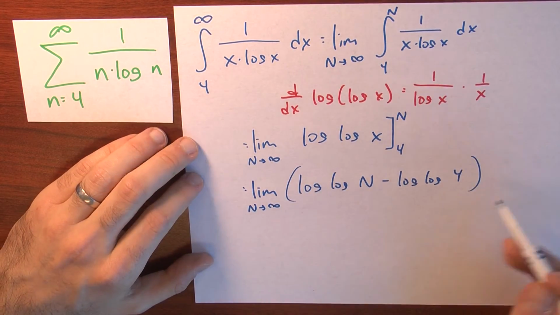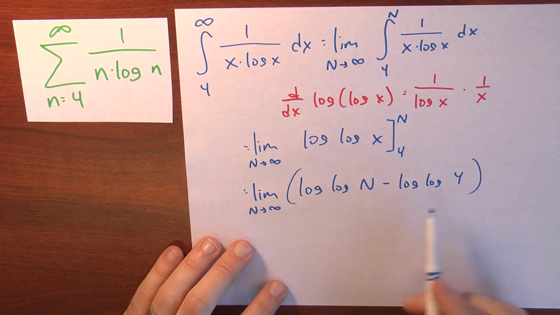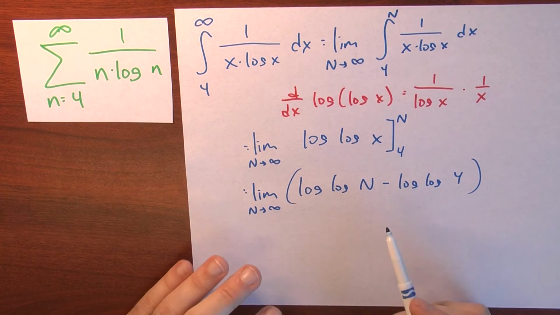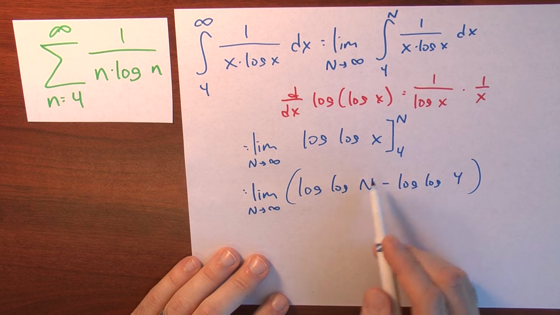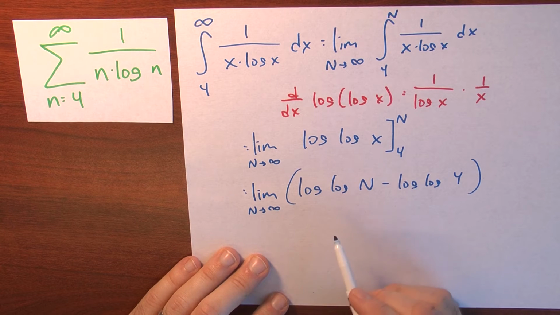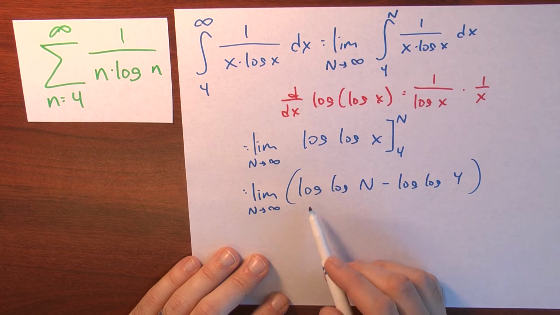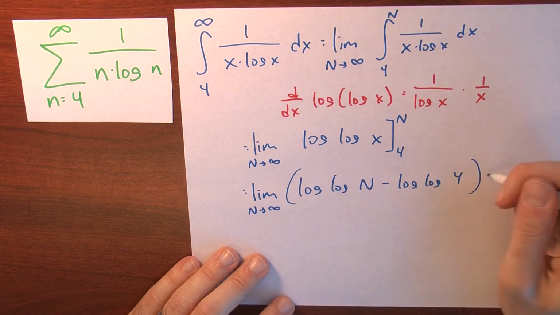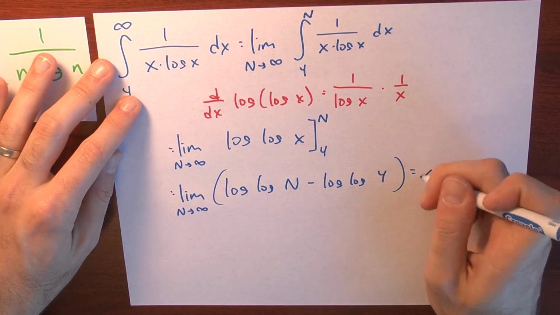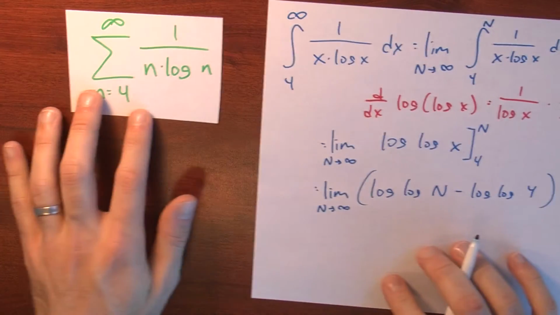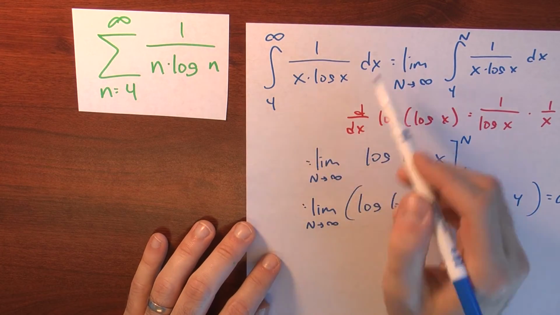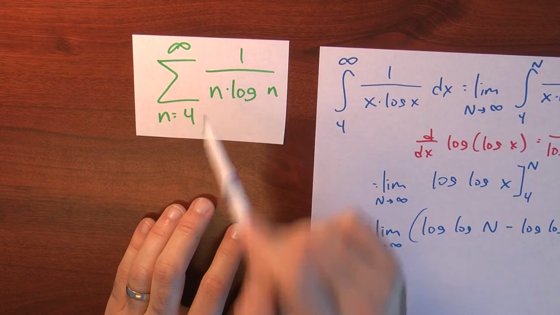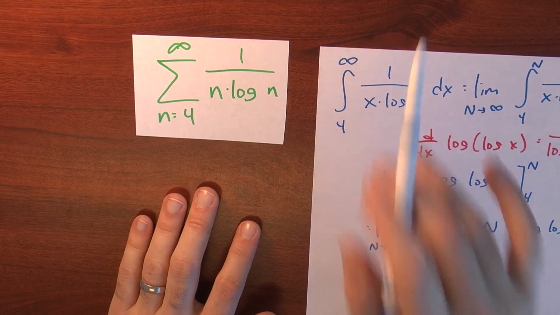Now, what is this limit? Well, it's growing very slowly, but it is in fact running off to infinity, right? By choosing N big enough, I can make log N as large as I like, and that means I can also make log log N as large as I like. So this limit is in fact infinity. That means that this integral diverges. That means that the original series diverges as well.